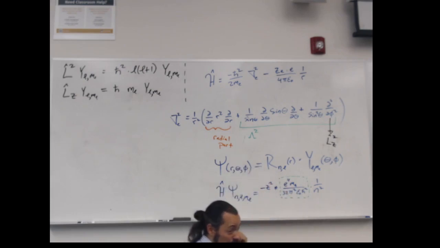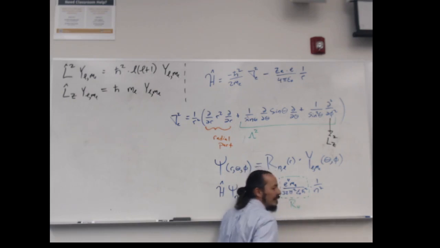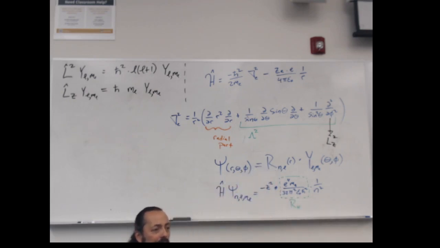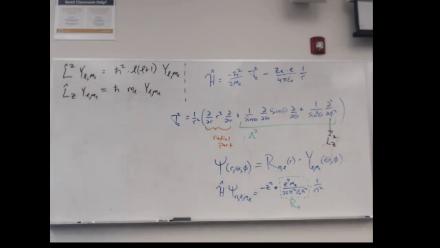And it turns out that this can be written in terms of the scientist who first put this together, called the Rydberg constant. Do you all remember the Rydberg equation? Back in 127, absorption emission spectroscopy, right?